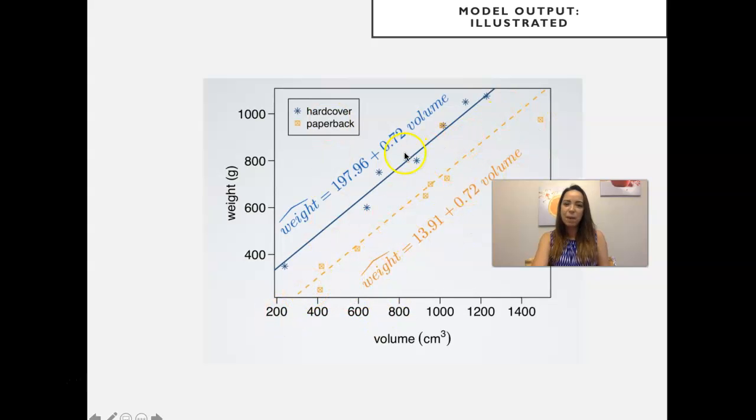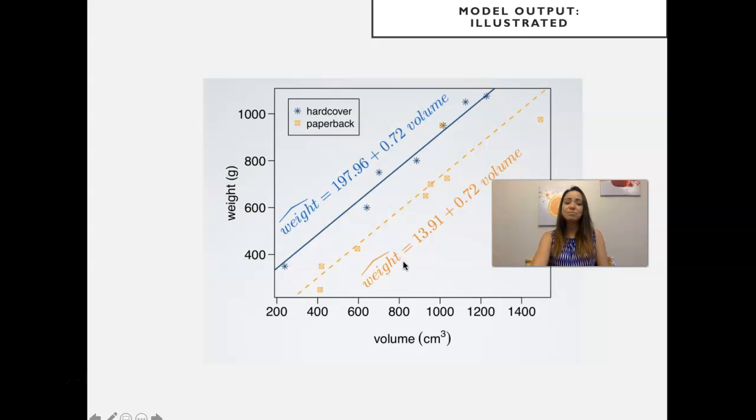The line for paperback is down here and the line for hardcover is up there, which indicates that both types of books grow in the same way with volume, which is expected, but we have to add a constant that's higher for hardcover than paperback.